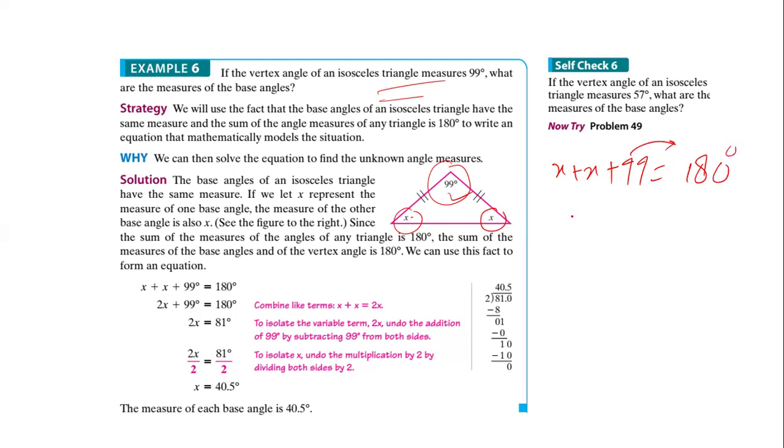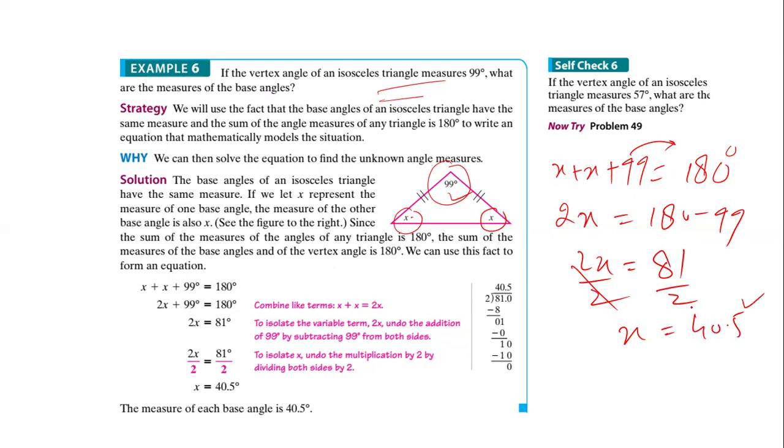So subtracting this from both sides, x and x will give you 2x. 2x is equal to 180 minus 99, which is 81. Dividing both sides by 2, x is equal to 40.5. That's the value of this x, 40.5, and this one is also 40.5.